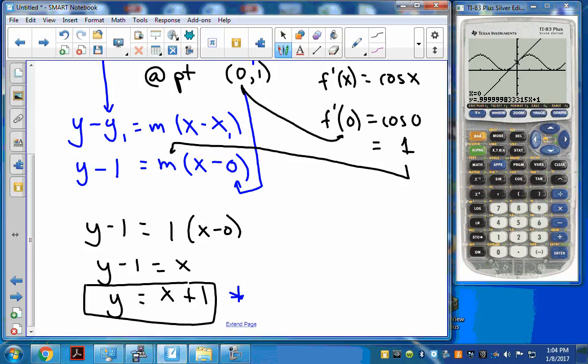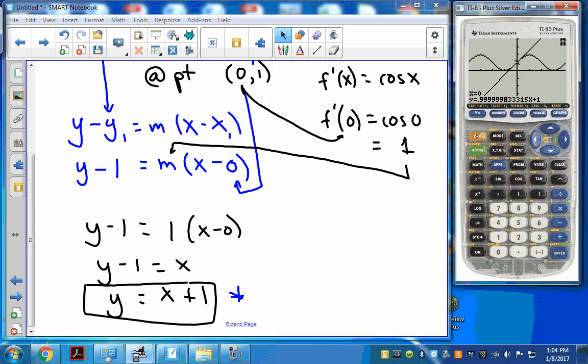Now, what they want you to do is to look at the functional value and the tangent line at various x values close to 0. And they have a table, and I'm going to create that table on my calculator by going to table setup, and let's see. We will go ahead and just change the independent variable to ask, and then look at the table.